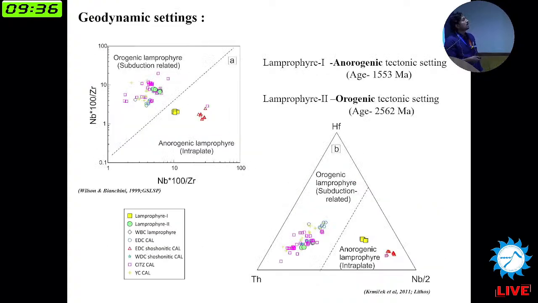And lamprophyre 1 belongs to the anorogenic field, while lamprophyre 2 belongs to the orogenic field. You can see this in this triangular diagram.